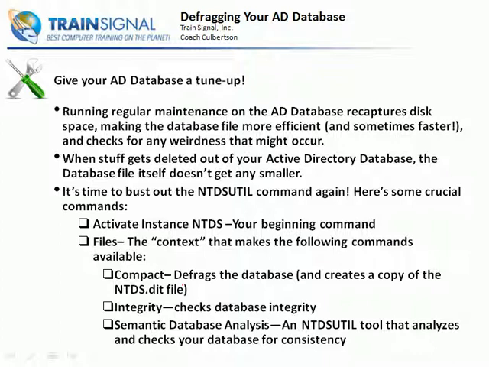The exception is that instead of simply moving stuff around on the disk, Compact actually creates a separate copy of your ntds.dit file, your major database file. So when we run Compact, it creates a separate copy, and then we have to take that new copy and rename it and move it back over and delete out the old stuff.